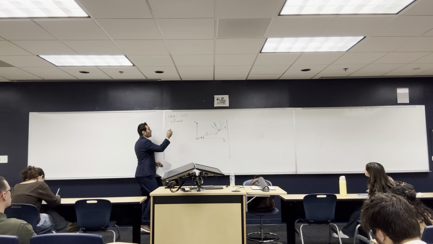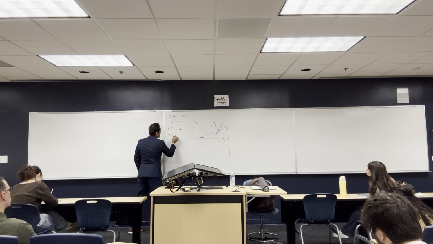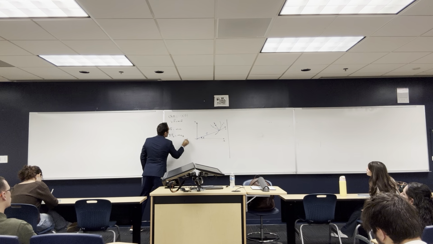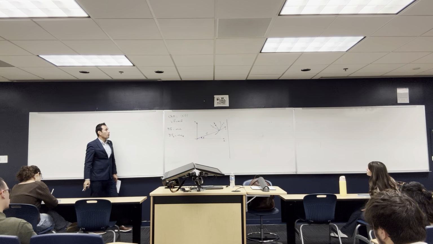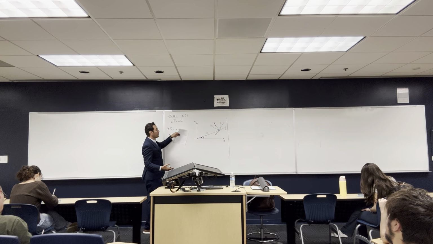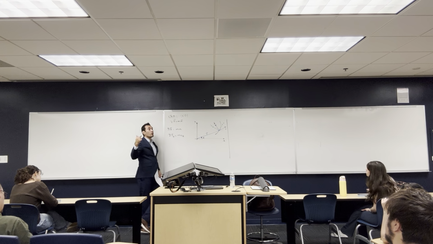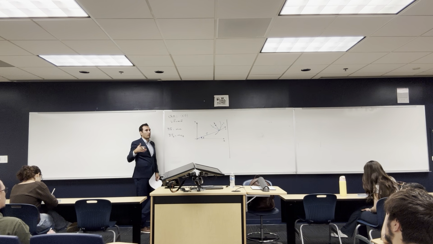We can say the summation of the forces in the r direction is equal to m a_r, and the summation of the forces in the theta direction is equal to m a theta. That's the two components of the forces. And that's what I told you a little bit ago, that sometimes we can use equations from chapter 2. If you want to find the value of a_r, you can go to the equation sheet and find it.